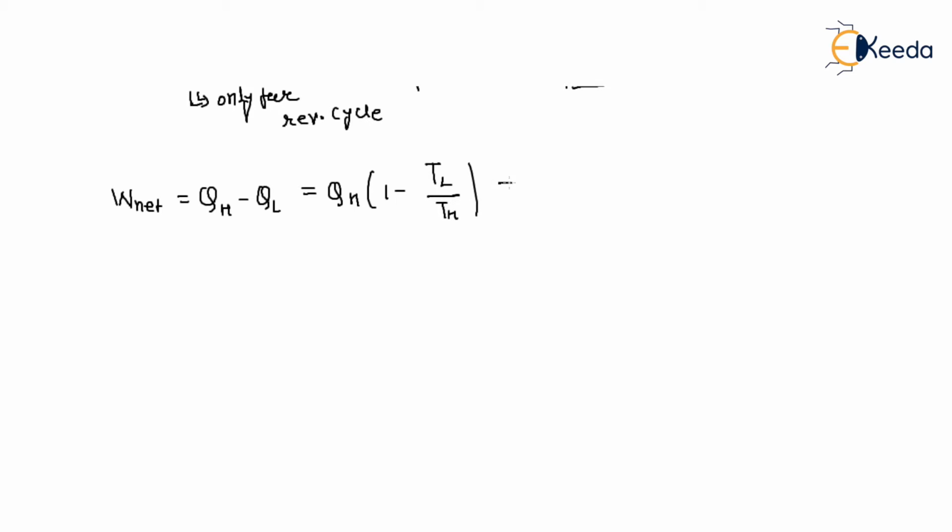So what is QH? K into T reservoir minus TH, into 1 minus TL by TH, right? So what is the condition given?